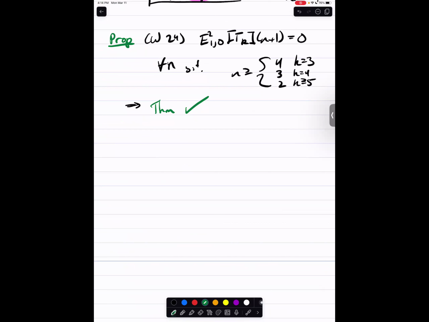The other thing that we can ask ourselves, question, is: all of our representation stability, homological stability, edge stability results said something was either a free finitely generated module or a finitely presented module. And right, all we have at the moment is finite generation.